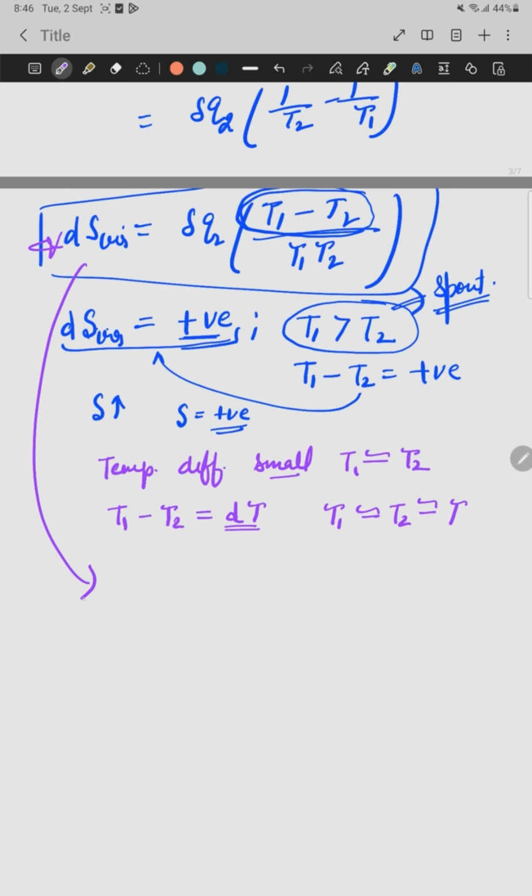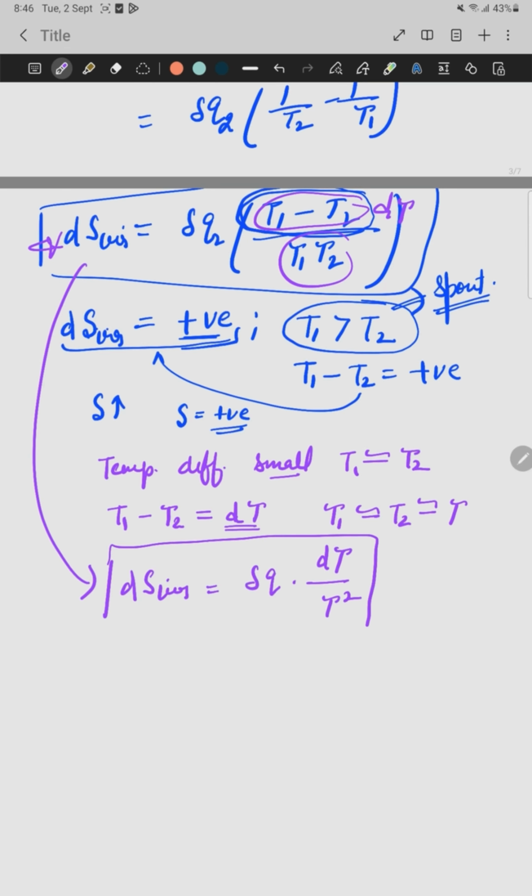So this equation becomes dS irreversible equals curly q into dT, with the numerator replaced by dT and the lower term replaced by T square. So this is the first step that we take for the heat flow.